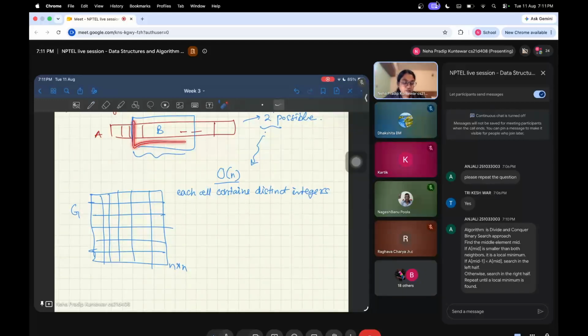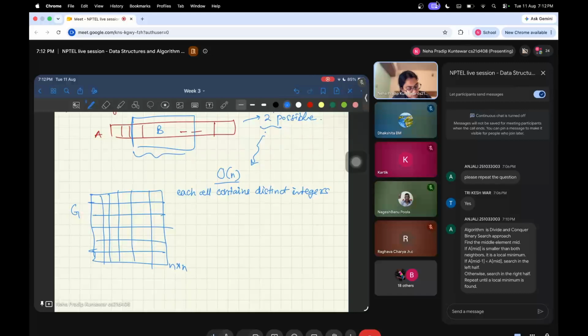Now, what is the natural question to ask here? Here you asked for a subarray whose sum is maximum. A natural generalization of this problem would be, I'll ask you for a subgrid or a submatrix such that if I sum up the values of all those elements in the grid, I get the maximum sum.